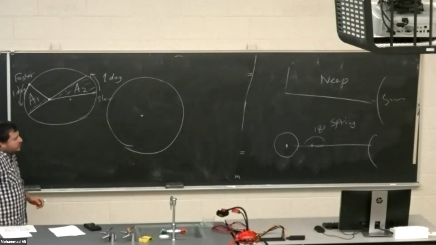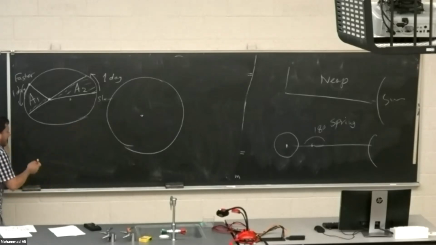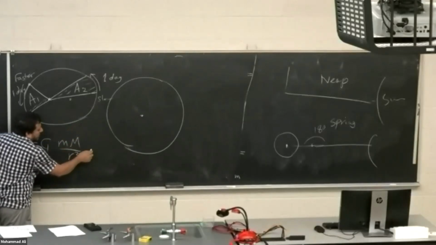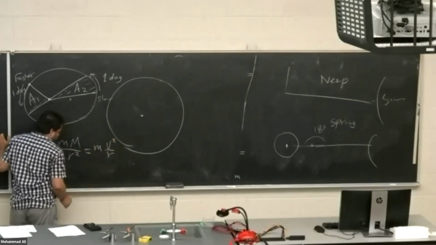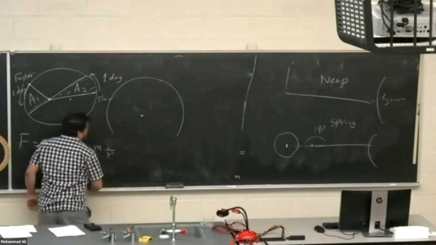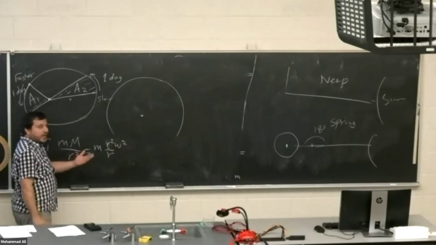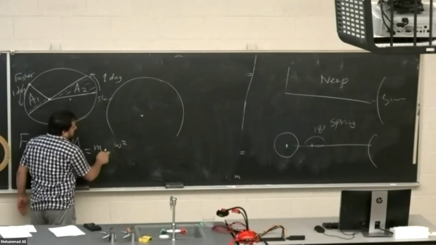The third law is the ratio between the time period and the radius. We can find that from here, and you can do that. We know that the force is equal, we just say GMm over R squared, which is equal to mv squared over R, which is equal to, again, m R squared omega squared over R, so we have m R omega squared.